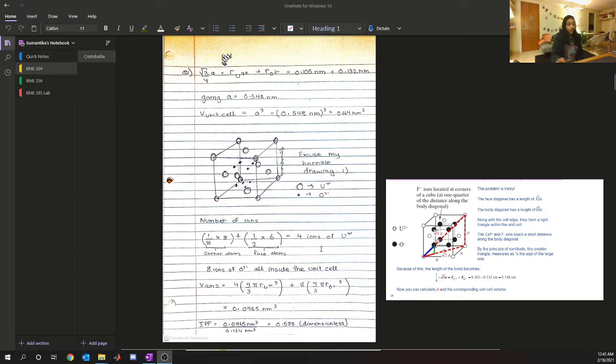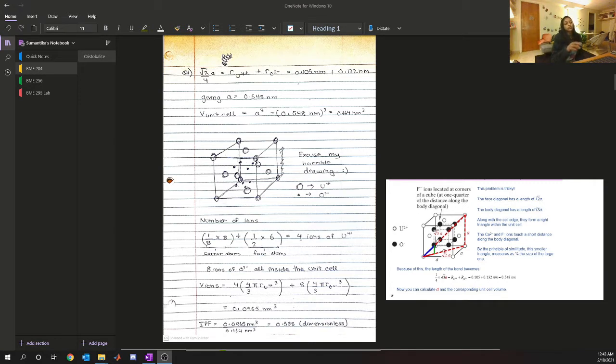Now the number of ions was given in the problem for CaF2, and we just went based off of that. But if we were trying to find it given just the drawing, 1 times 8 would give us the corner atoms of U4+, plus half times the 6 faces of the cube would give us the face atoms.